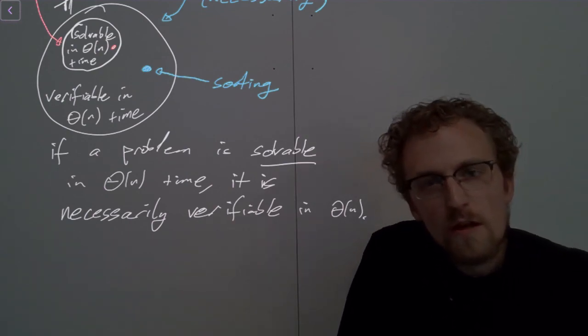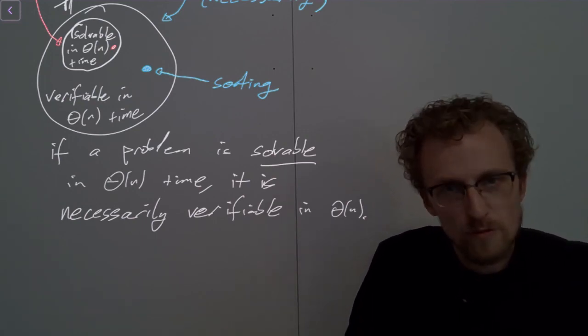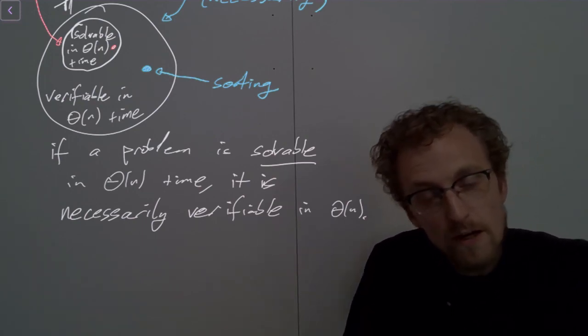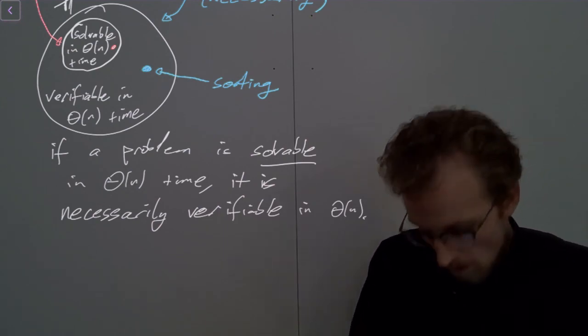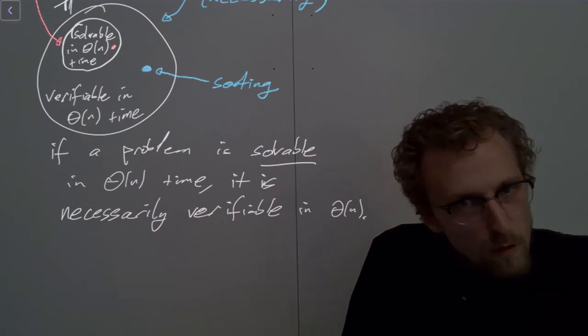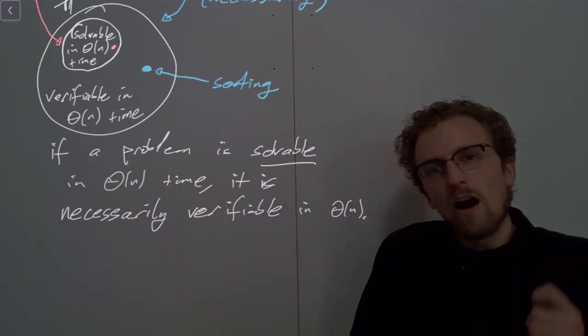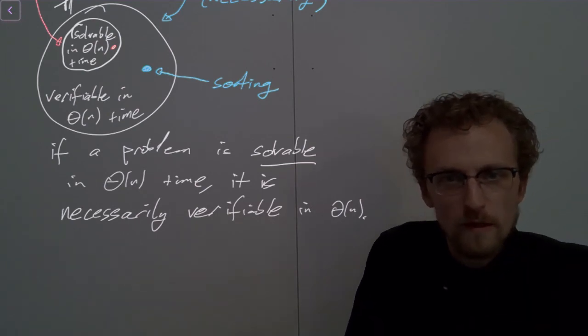So sorting essentially has an asymmetry depending on whether you're trying to solve from scratch or trying to verify a solved solution. This doesn't seem too surprising, but it turns out that a question very similar to that is at the heart of one of the most important areas of study in theoretical computer science.